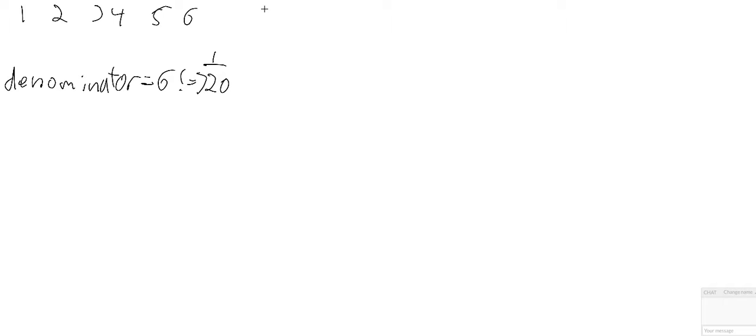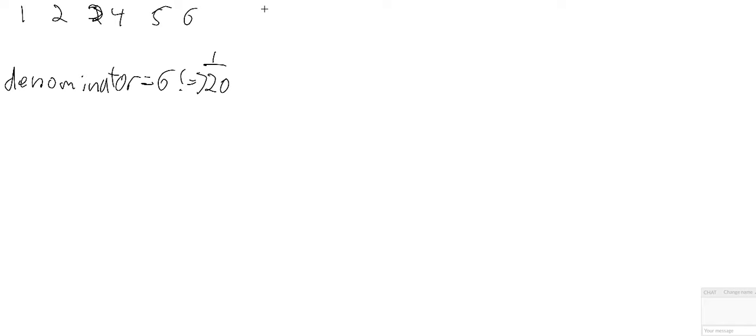Well, let's pretend these are the ages right here, right? I could have it that 2 of the students are age 2, right? But I could also have it that 2 of the students are age 4. So if 2 of the students have the same age, it's not just 2.